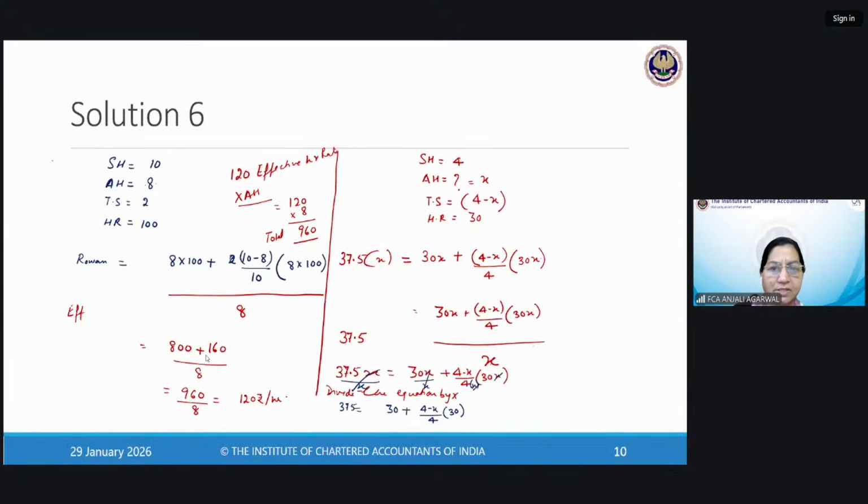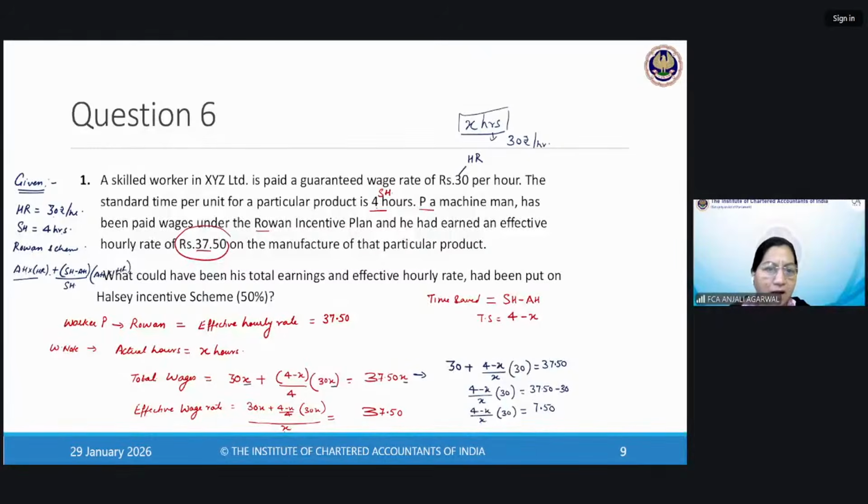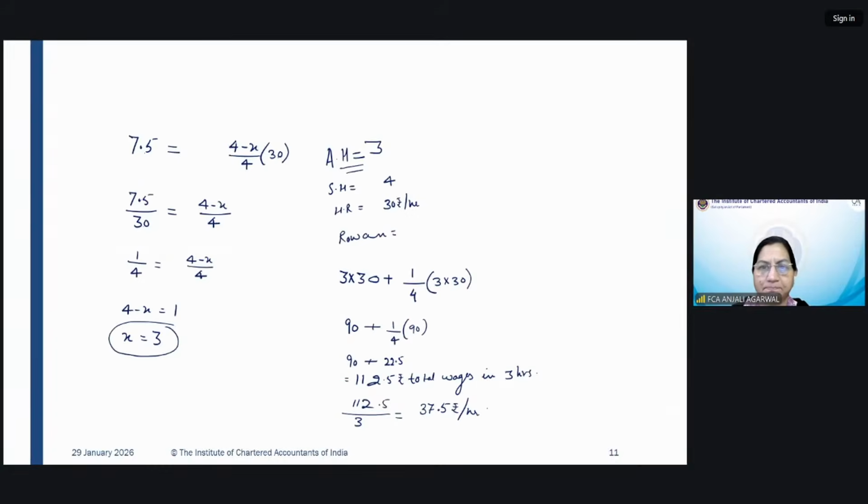The ultimate question is: what would have been his total earnings and effective hourly rate? Two parts. Total earnings and effective hourly rate if we change one thing, not Rowan plan, but Halsey plan.